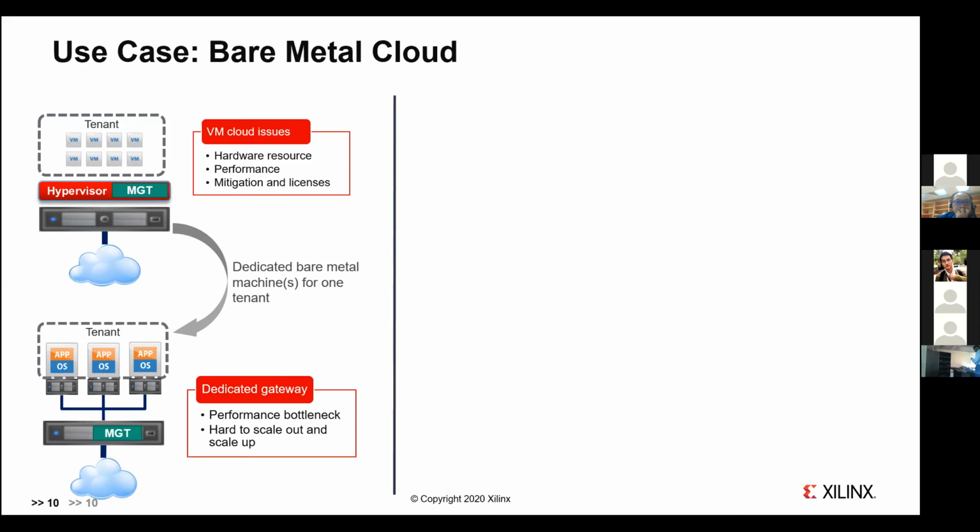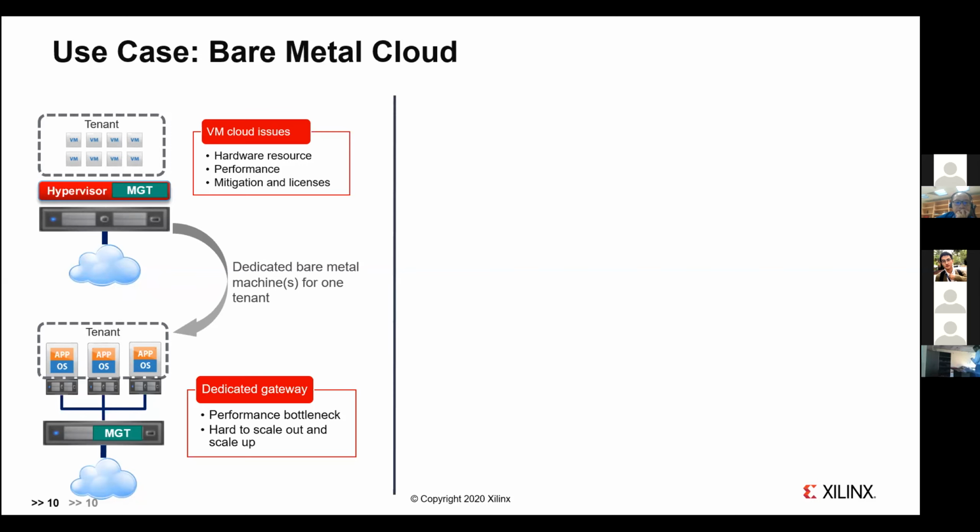So the common practice here is either put all the functions into the switches, right? But in this solution, they could only do access control, and also the scale of VPC would be limited or restricted by the size of the switch memory.